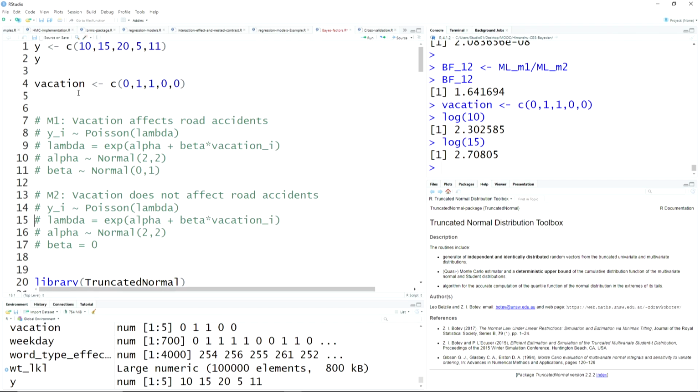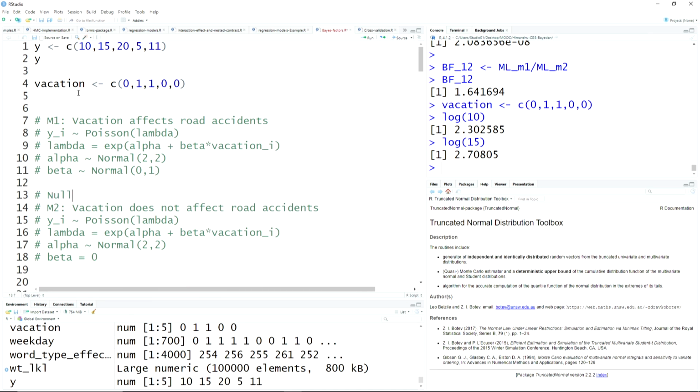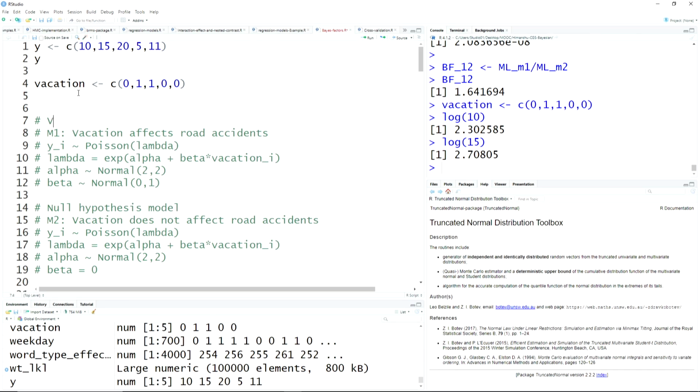You can call model 2 the null hypothesis model and model 1 the vacation effect model.